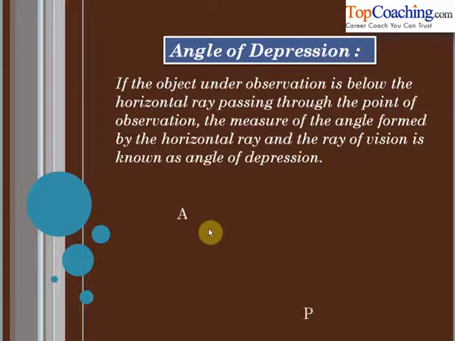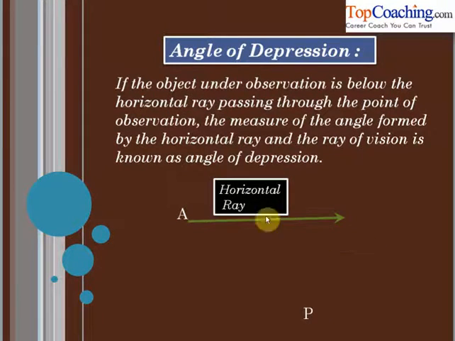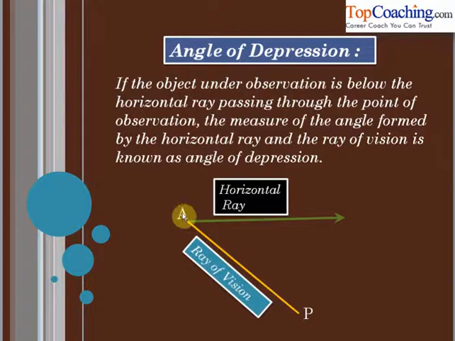Now let us say that this is any point P under observation. Now this would be a horizontal ray because it is emerging from the eye of the observer and is parallel to the surface of earth. Similarly, this line would be ray of vision because it is emerging from the eye of the observer to the point under observation. So this is ray of vision. Now similarly, from P we drop a perpendicular PM on the horizontal ray.